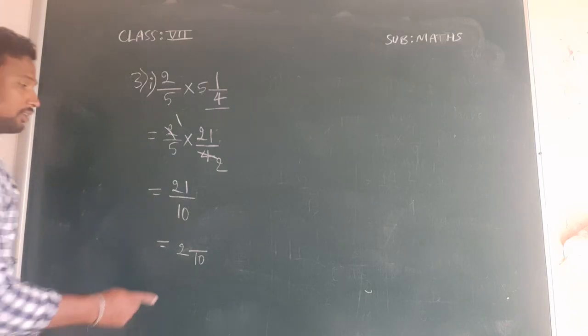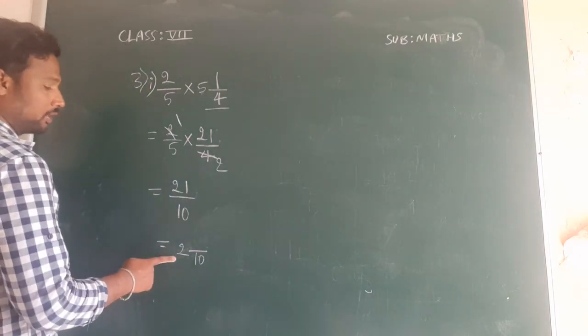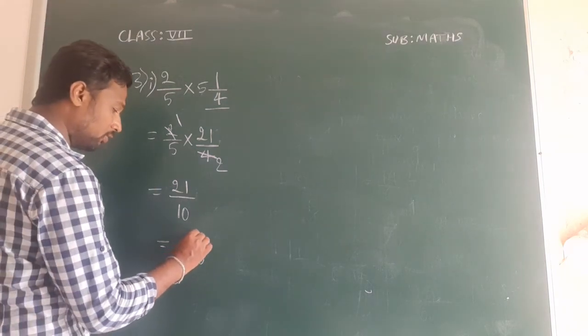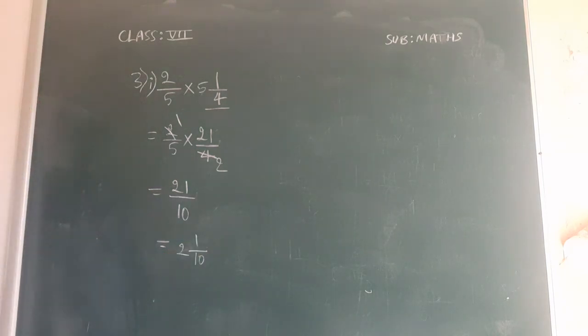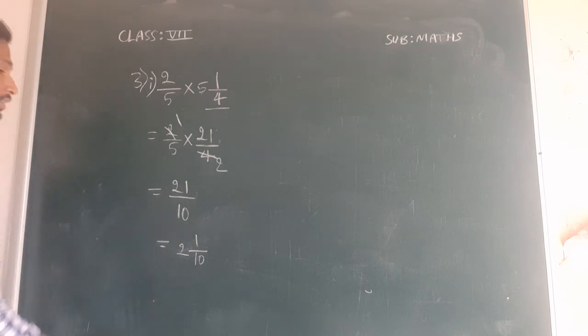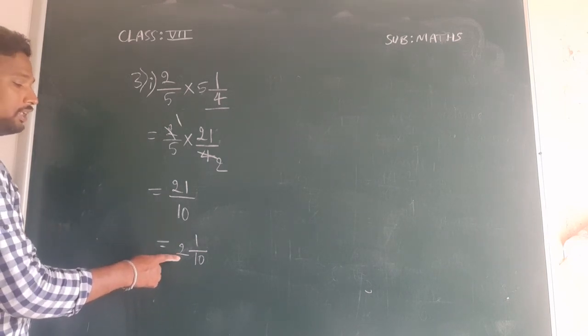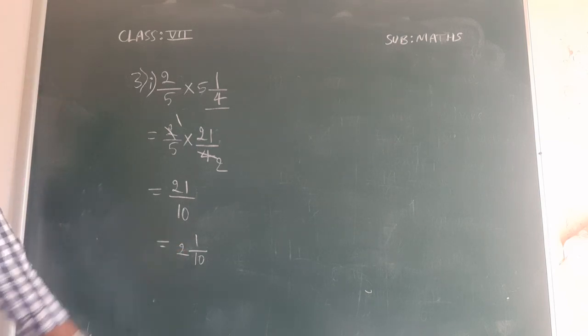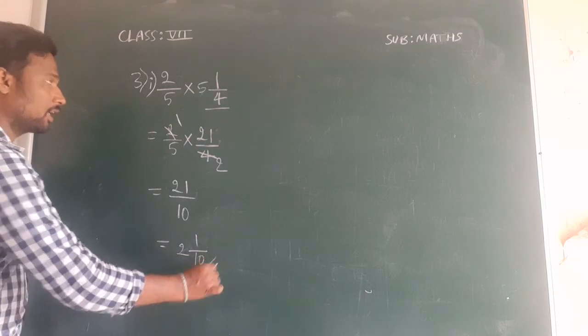Okay. And here 10 into 2 means 20, which is very near to 21. Means this 20 is 1 less than 21. Therefore, I will write 1 in the numerator. So here you can see 10 into 2, 20. 20 plus 1, 21. So that answer is 2 of 1 by 10.